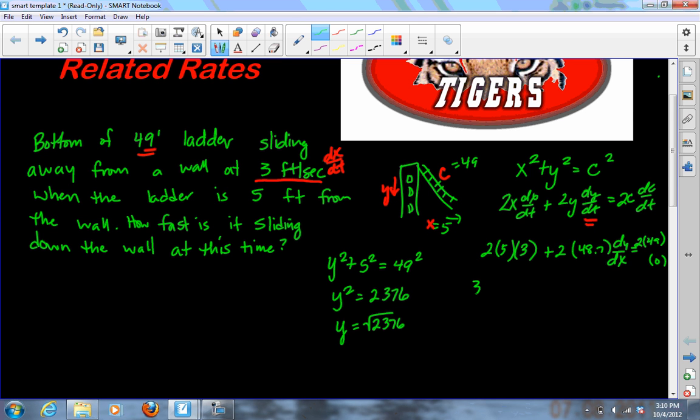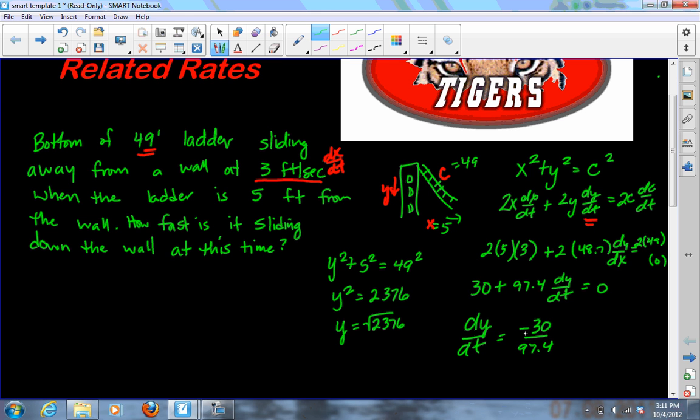So this would be 30 plus 2 times 48.7 times dy/dt, which would be 97.4 dy/dt, equals 0. And then move the 30 over here, divide by 97.4. And whatever you get for this decimal number is what you get.